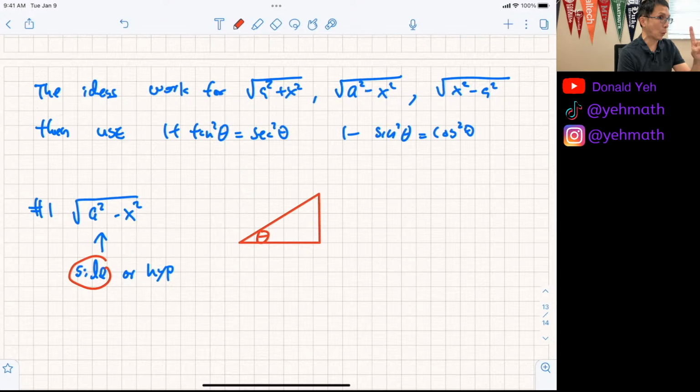Now, what's more important, actually, what is the hypotenuse? Why do you think the hypotenuse is that? Because of square roots, yeah.